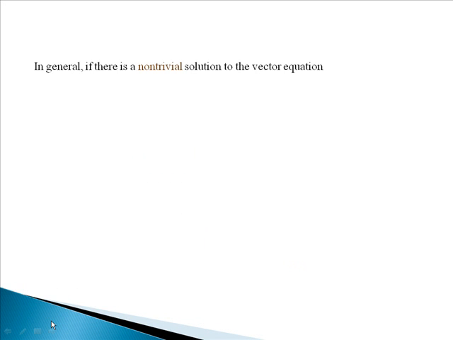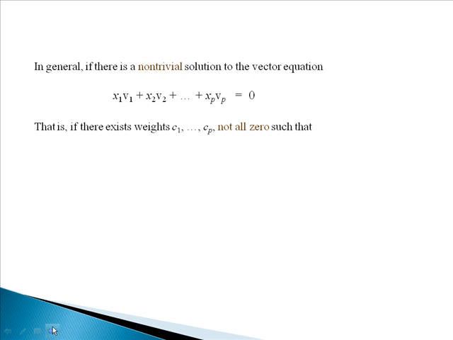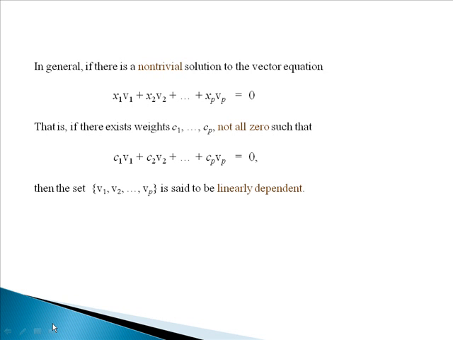In general, if there is a non-trivial solution to the vector equation, given here, where we have x1 times our vector v1 and so on to xp times our vector vp equal to 0, that is, if there exist weights c1 through cp that are not all 0, so that when we multiply those by our vectors v1 through vp and have this linear combination here, then the set of vectors v1 through vp is said to be linearly dependent.